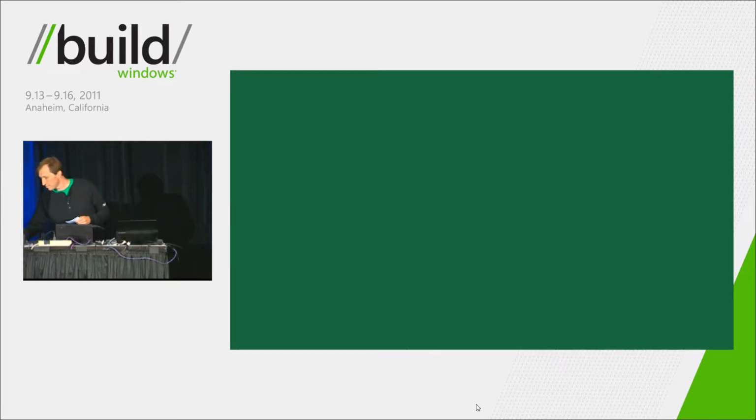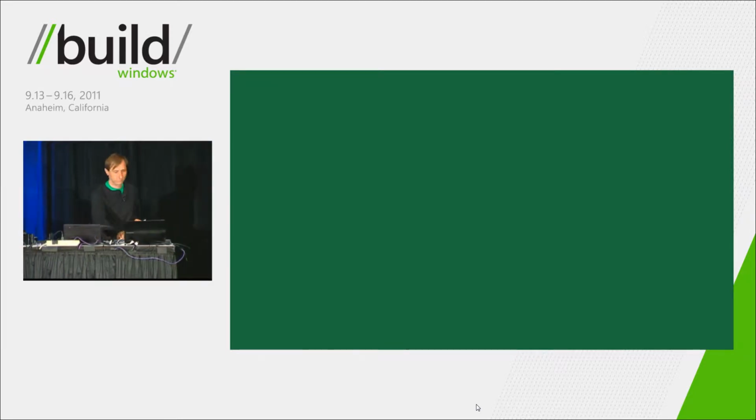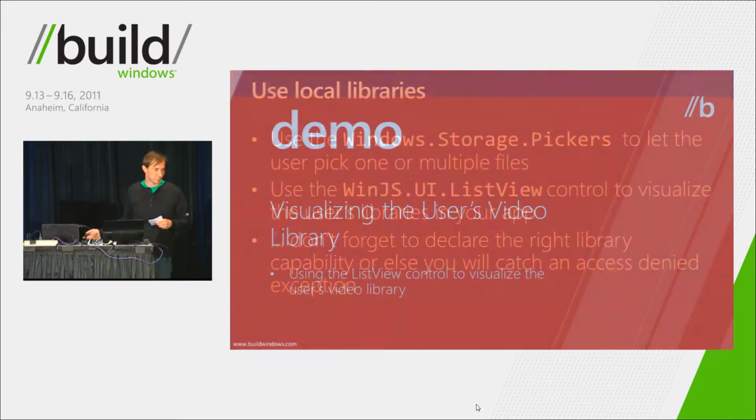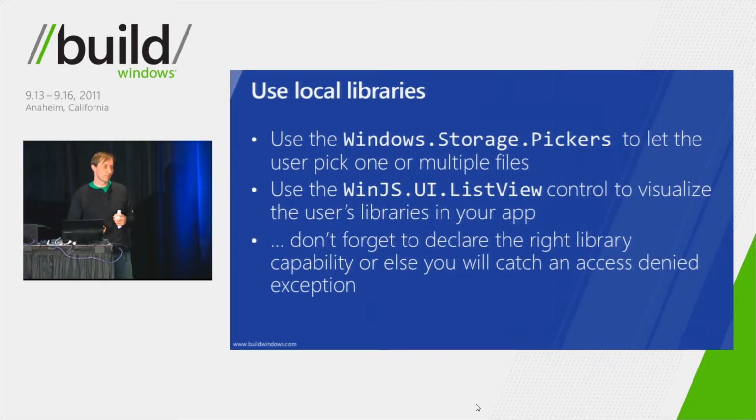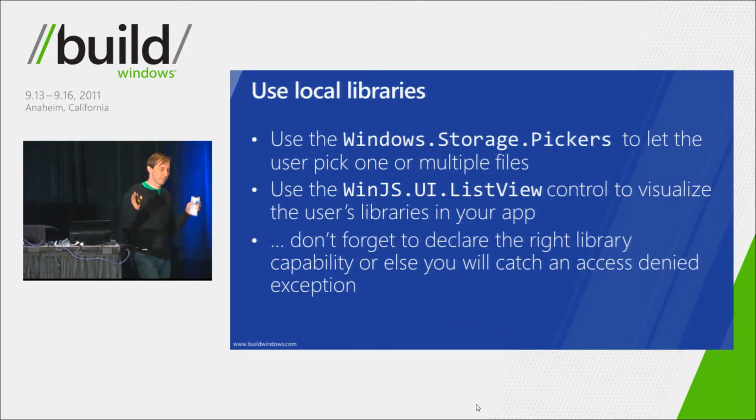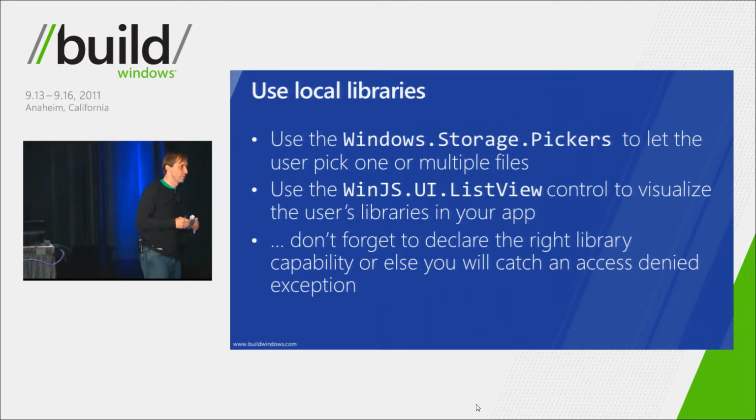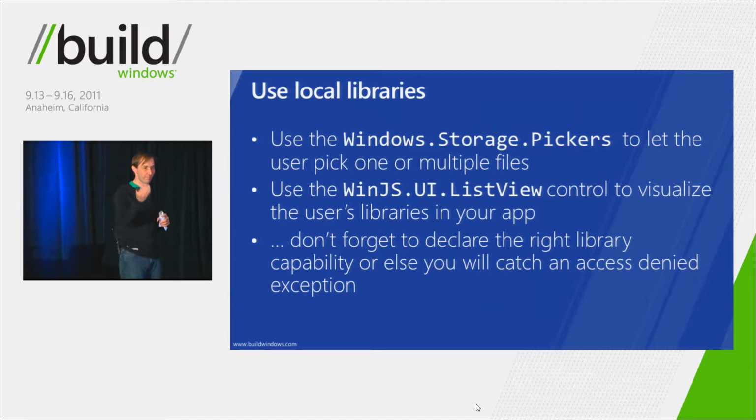So just to recap, go back to the slides. If you want to use local libraries, and if you just want to have the user pick something, use the pickers, if you just need a path or one file from the user.